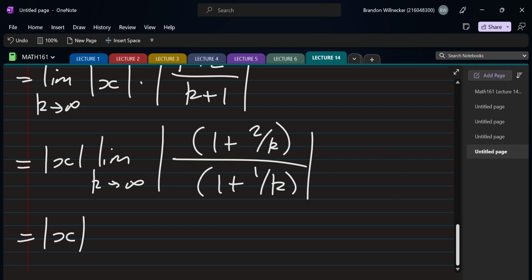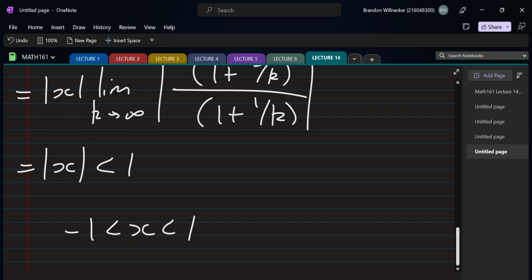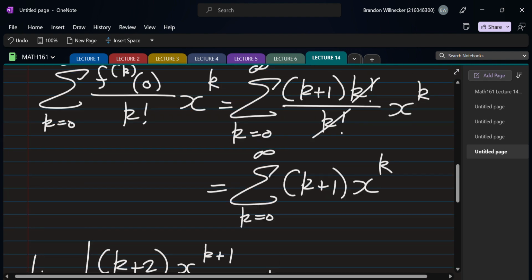Now, for this to converge, we want the limit value to be less than 1. So if the absolute value of x is less than 1, then the interval is from minus 1 to 1. Okay, easy stuff. So if we just had x here, it will be from minus 1 to 1.